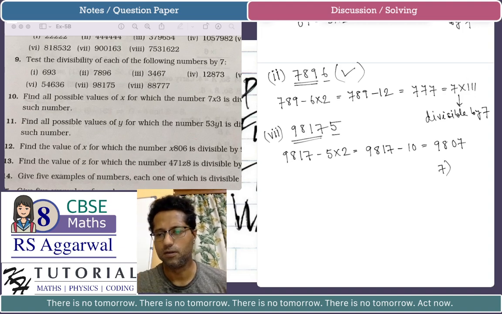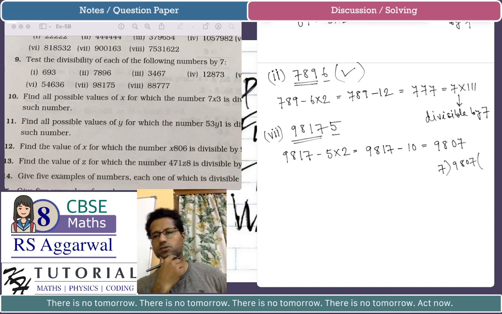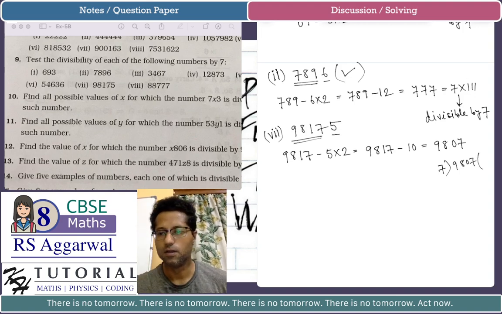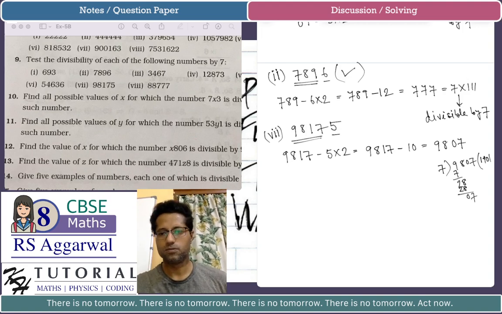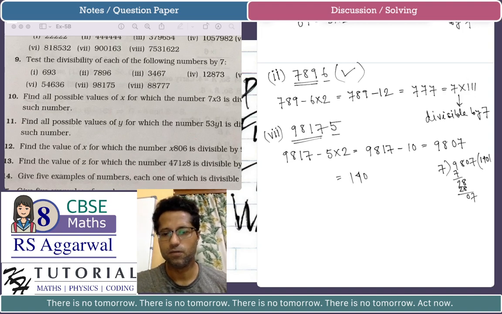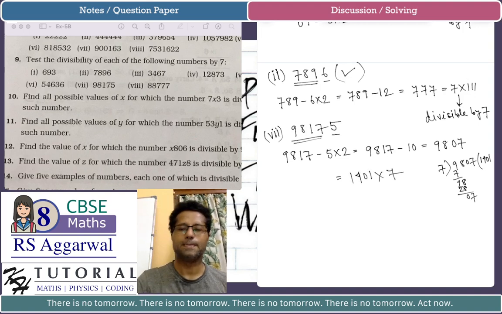I have 1, this is 2, this is 8, and I think it will be divisible by 7. So 1401. So 9807 is 1401 multiplied by 7.